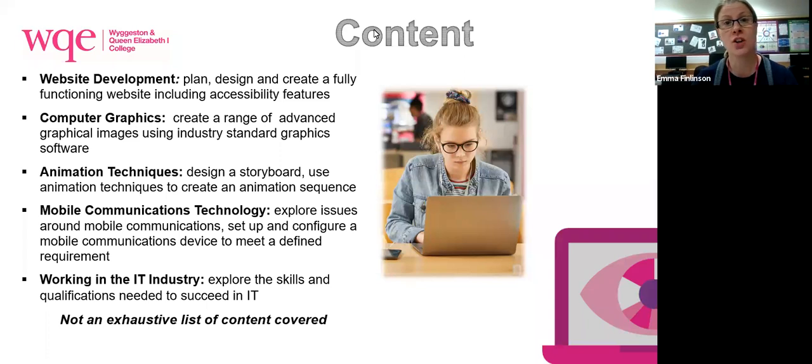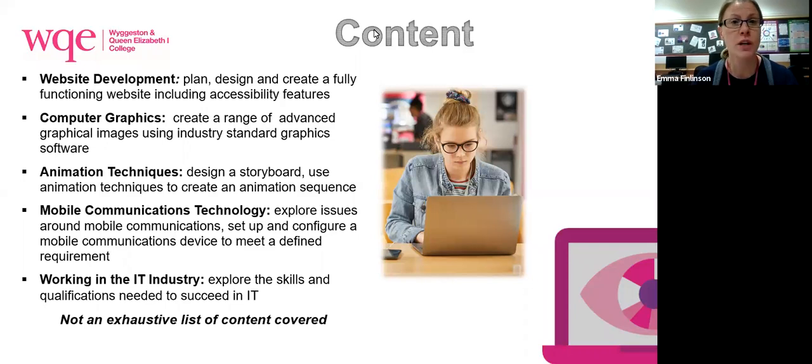You would be looking at the benefits and disadvantages of the different types of software available, as well as creating different graphical images. You would be expected to create a logo for a business, a cartoon representation of a famous person or of yourself if you choose. So you would be creating high-level professional work in that computer graphics unit.